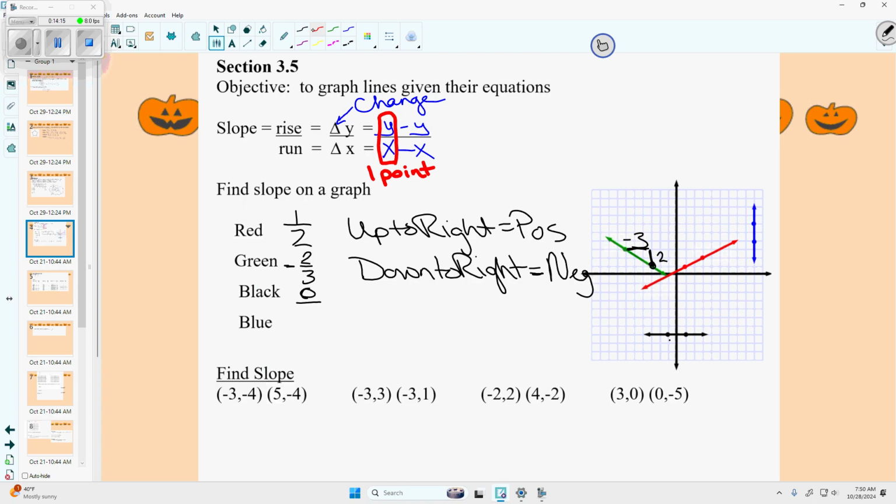Between those 2 points, I got 2. Could you say 3? Sure, because you could go to any point on that line. But between the 2 points that are marked, we had a distance of 2. What is 0 divided by 2? 0. So a horizontal line is going to have a slope of 0.